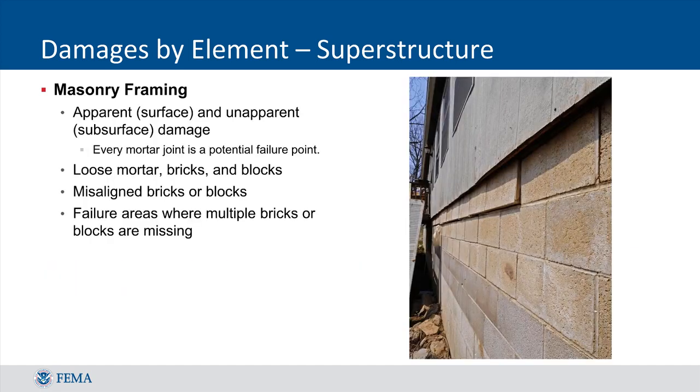For masonry construction, look for damage to the joints where mortar is used to connect the CMUs, as these are potential weak points where failure is most likely. Similar to evaluating foundations, inspect the superstructure of a masonry home for misalignment in the CMUs or places where it appears there may be loose or missing blocks.